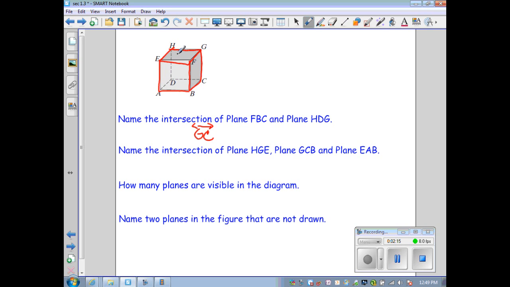Here, we have three planes intersecting. We know that two planes intersect to form a line. The front plane and the right plane form FB. The top plane and the right plane form FG. And the top plane and the front plane form line EF. These three planes have in common point F.